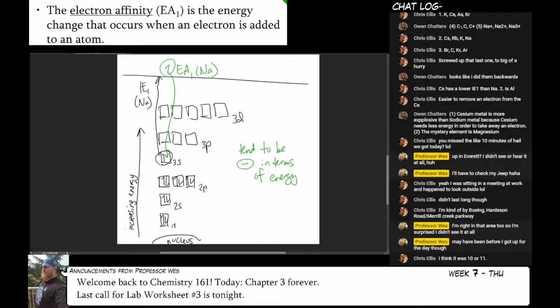Lifting the electron would be positive. An electron being dropped in should be negative. Now, it might not be that negative. It might be relatively close to zero. But, just like with ionization energy, there are exceptions that occur.